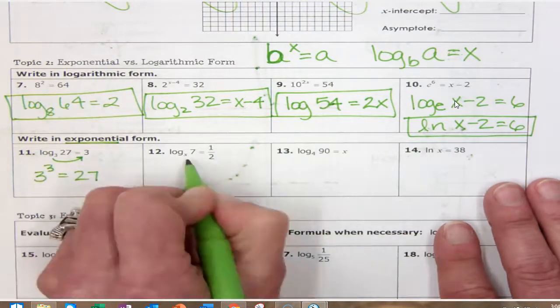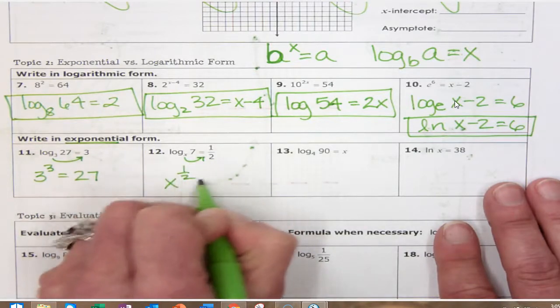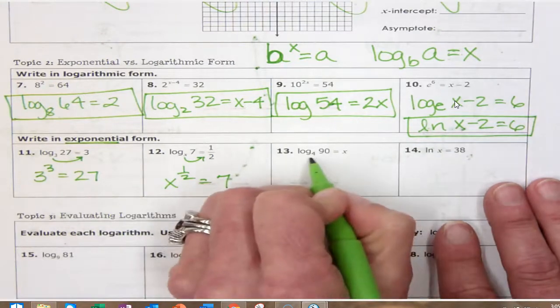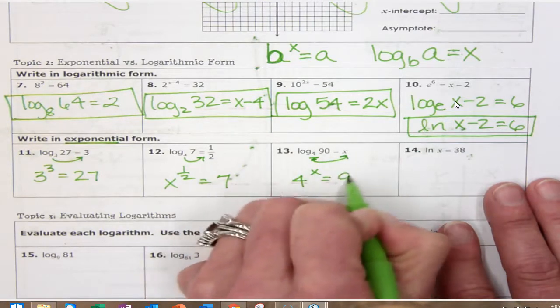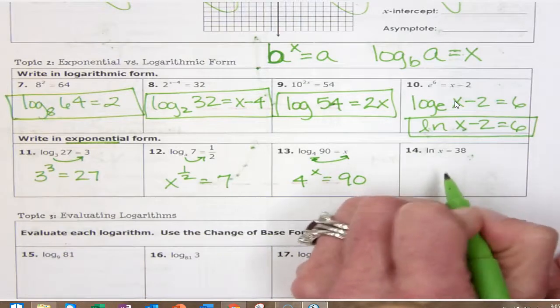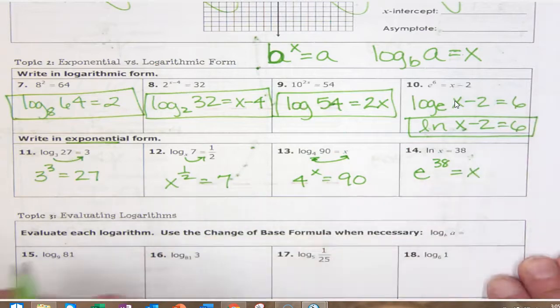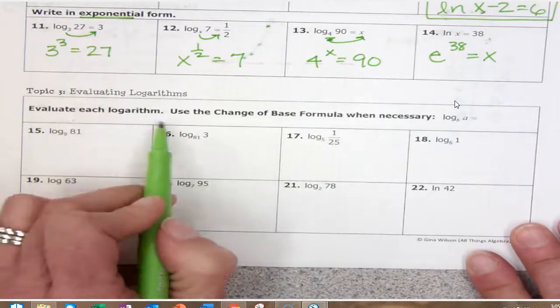Again, I'm just writing them, not solving them. x to the 1/2 power equals 7. 4 to the x power equals 90. And here my base is e, so e to the 38 power equals x. Right? Okay, moving on.